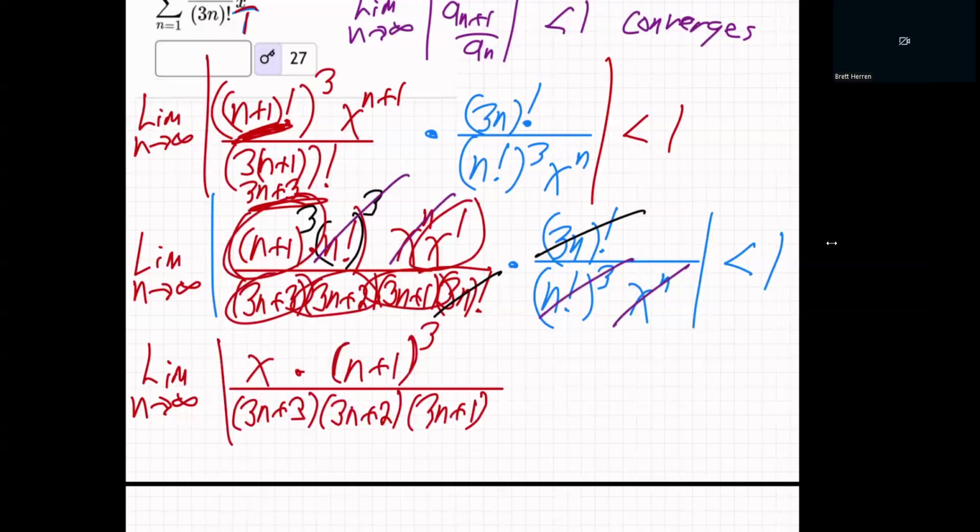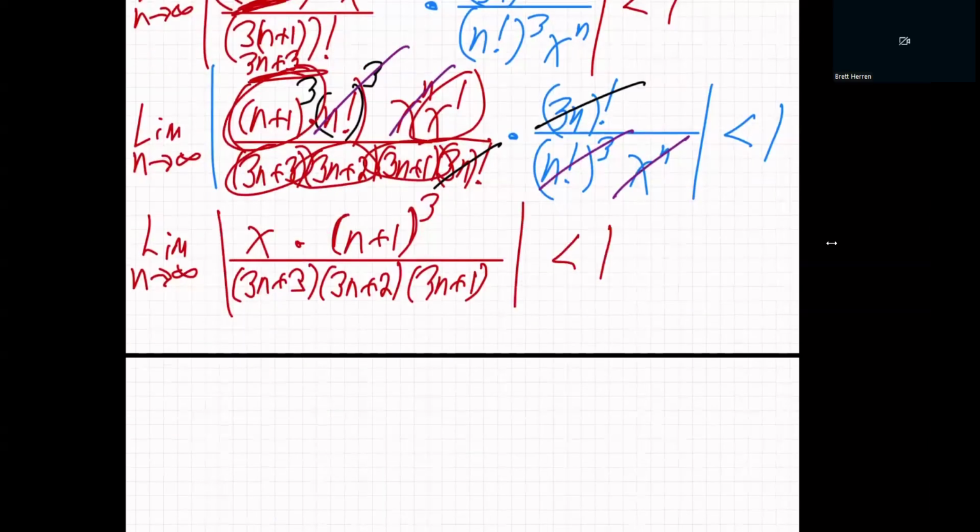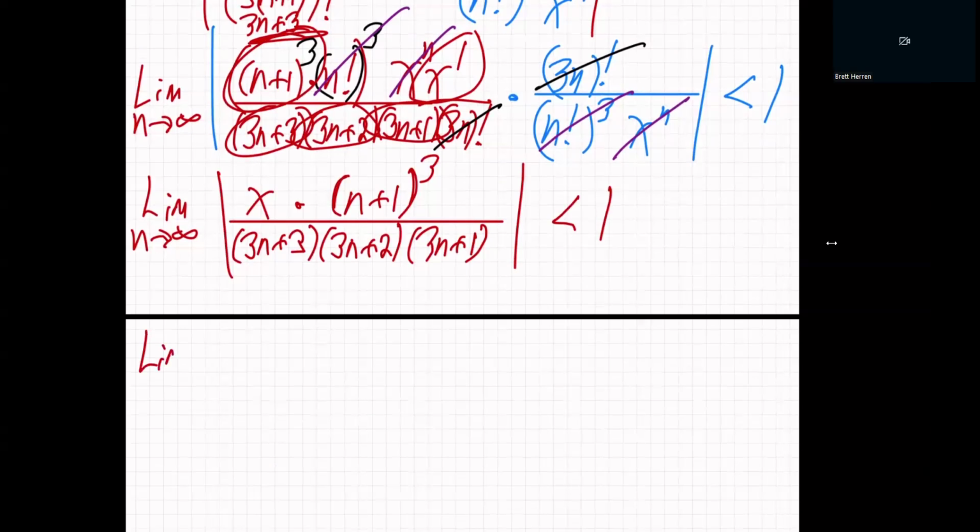All right, absolute value of it less than 1. So what does that mean then? Limit as n goes to infinity. Now, what's going to happen here? We have x, and this big old fraction bar. Actually, let me separate them like this. It's just x over 1 times n plus 1 cubed.